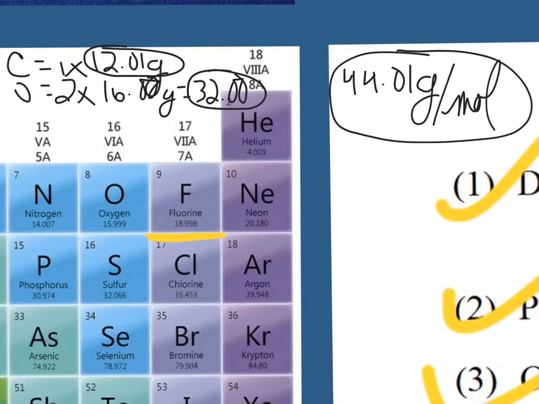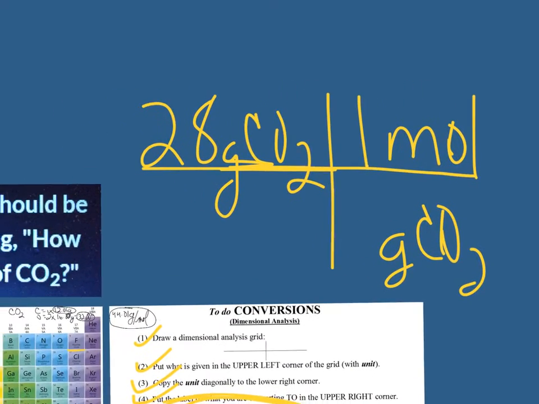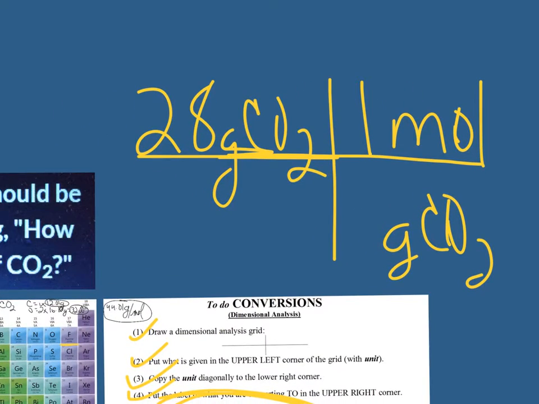Now, if they asked me to put that in the right format for my calculation, I would need to put the 44.01 in the denominator, and then the 1 mole, and that would set up my calculation.